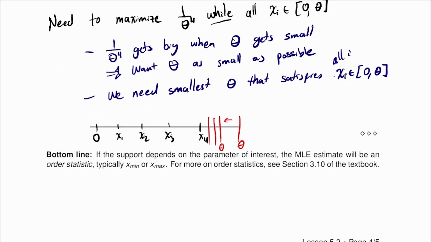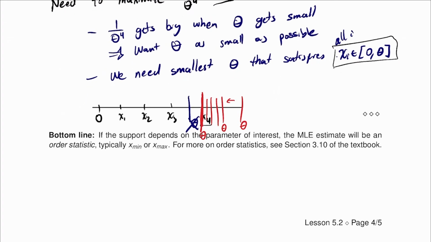But if we go until, for example, this value theta, this is not possible because we have this edge for theta that needs to be in this interval, right? So our theta is going to be actually located here. That means our estimation is the maximum value. In this case, it's 4.